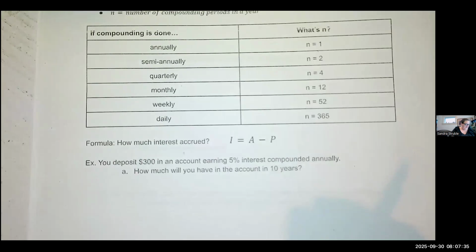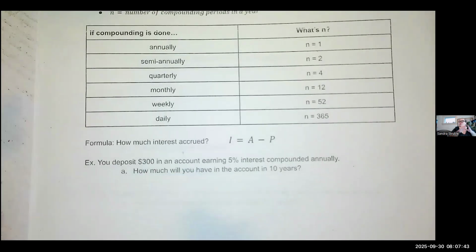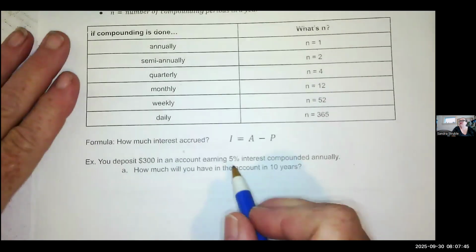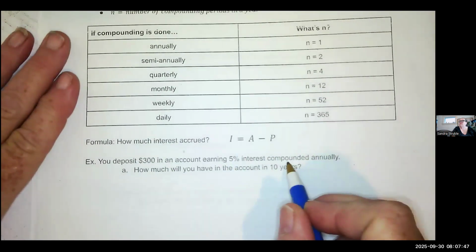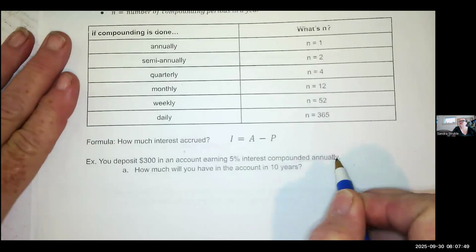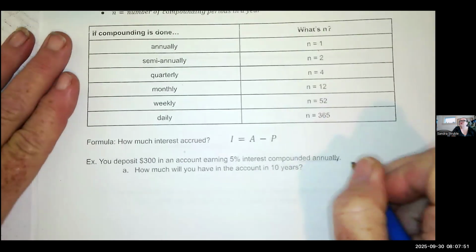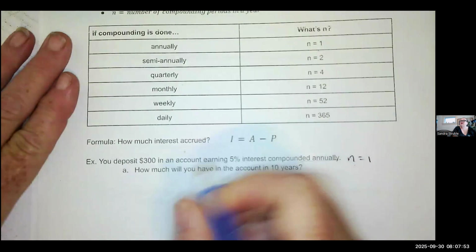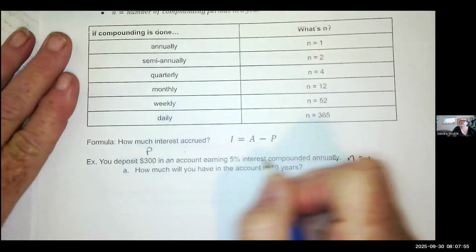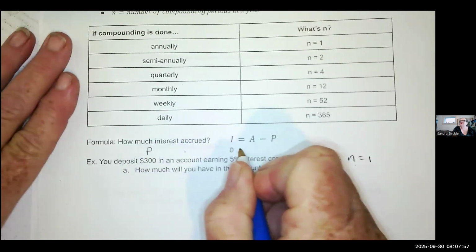So you deposit $300 into an account earning 5% interest compounded annually. You're putting $300 in once and earning 5%. And it's compounding annually, so this means that my N is going to be equal to 1. This is my P, and my interest rate is 0.05.